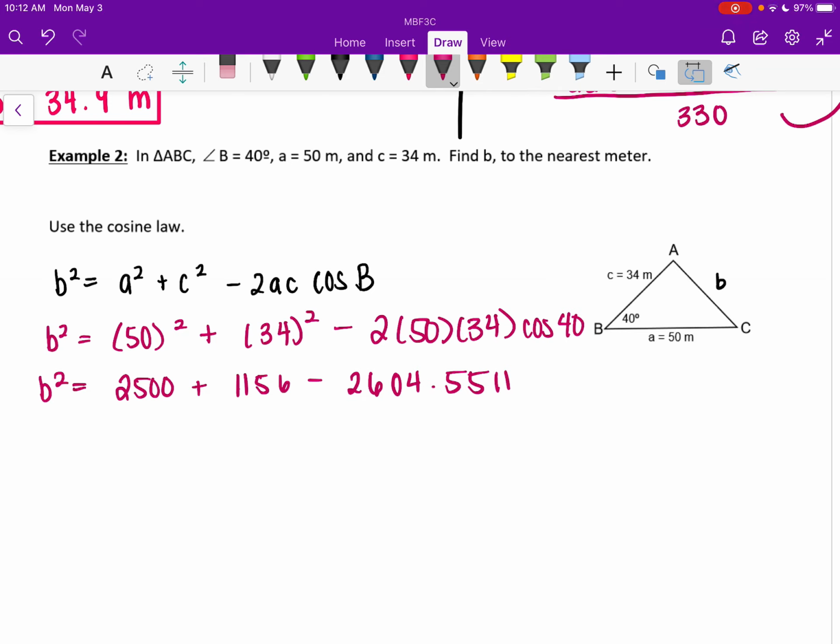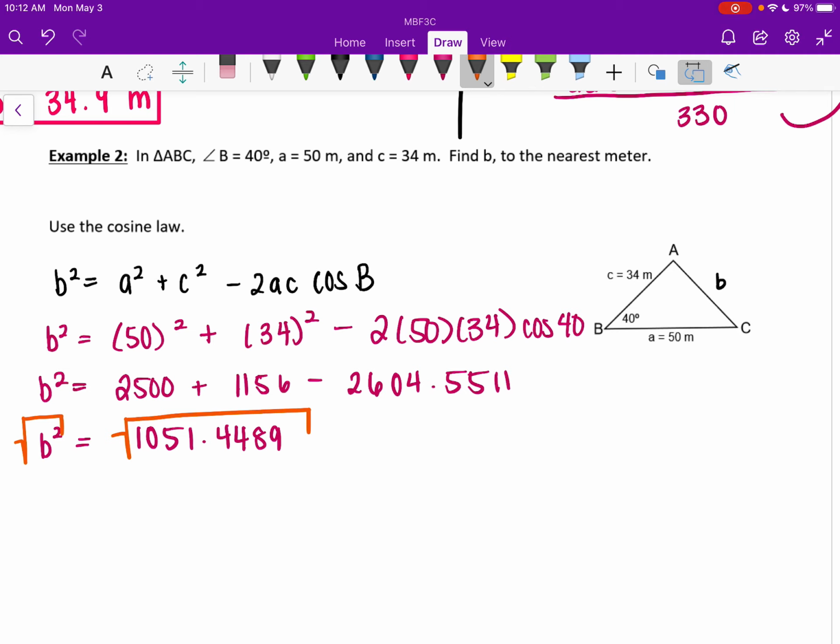So I'm going to do 2500 plus 1156 minus 2604.5511. Right, so I'm left with B squared is equal to 1051.4489, right? And then I want to get the B by itself, so I'm going to square root both sides.